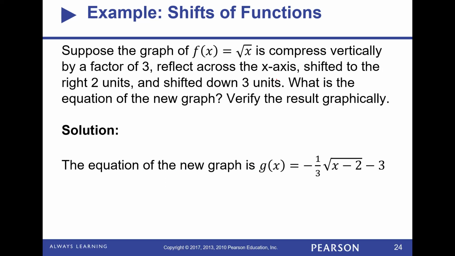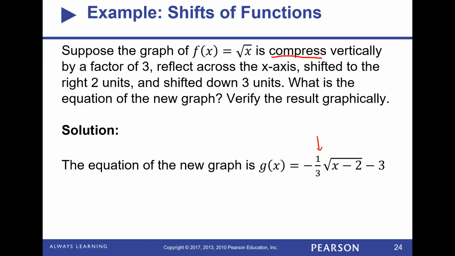Now when I take a look at all of this, when we do our compressing, I said the word compress, which means I'm making it smaller. Even though I said compress by a factor of 3, I'm actually compressing by multiplying everything by 1/3.